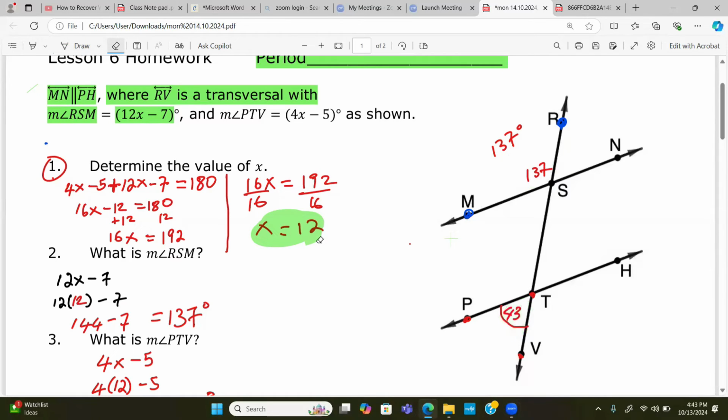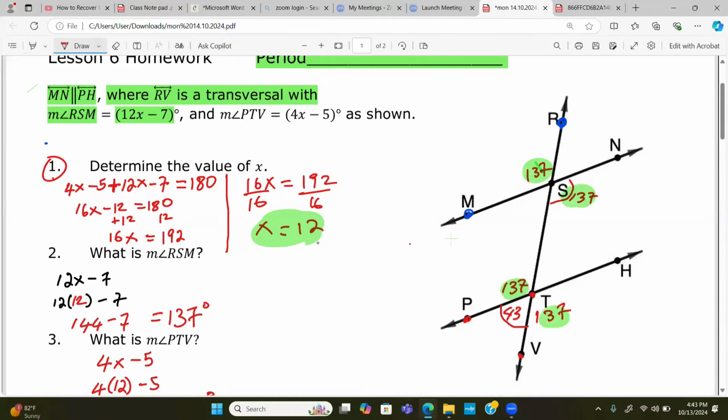I could populate this diagram very quickly by utilizing many skills that we have. For example, this angle here is 137 as well. This angle here is 137 because it corresponds with the angle at S right there. And then these are vertical again. Firstly, this angle here is vertical to that. And then we have corresponding angles that are vertical again.